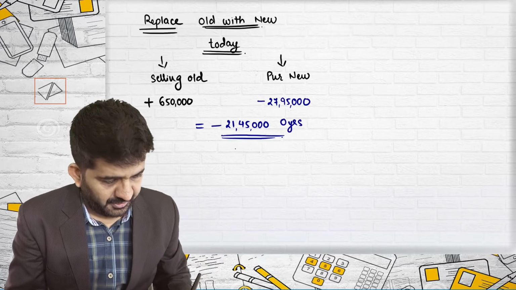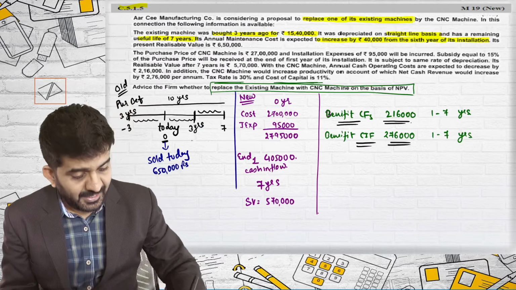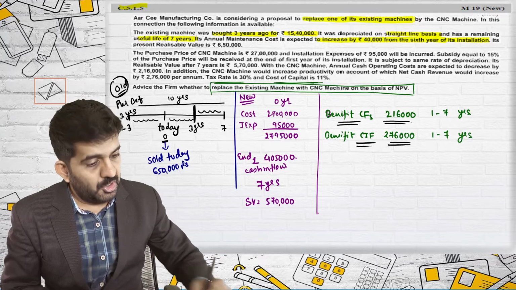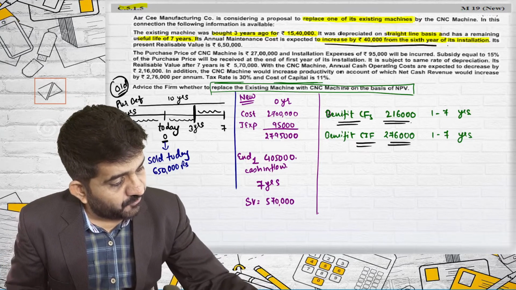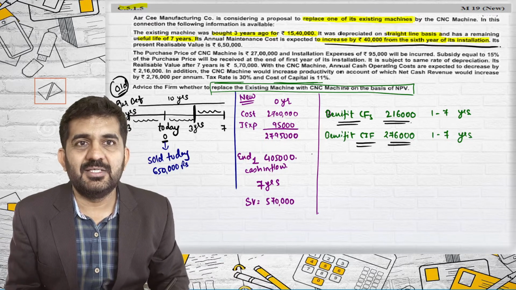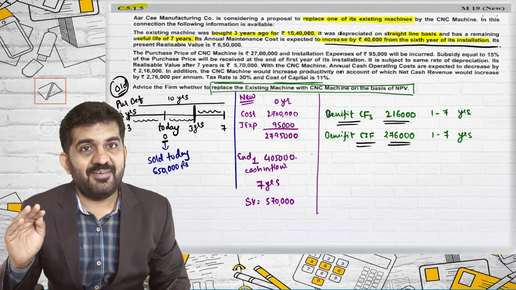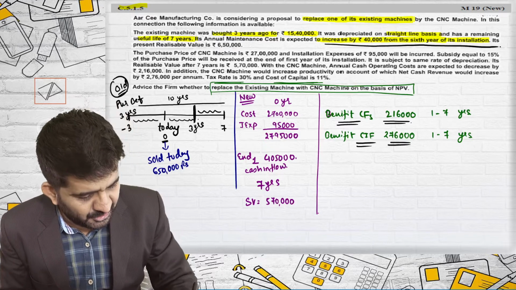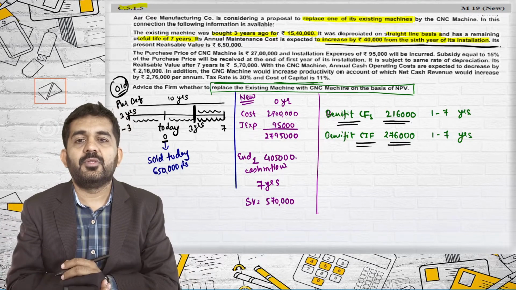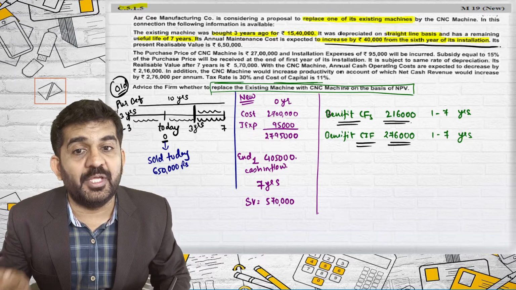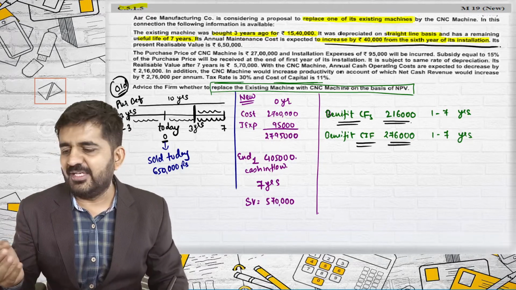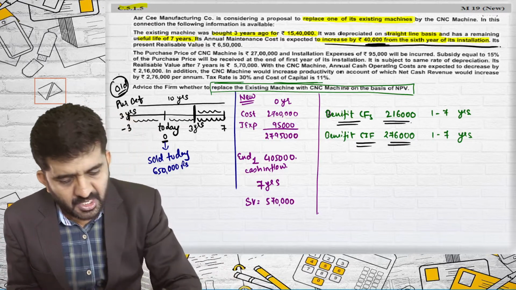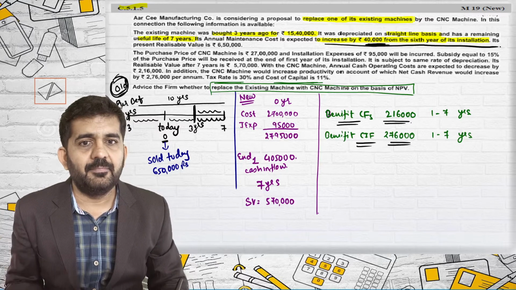Third, but interesting. After 3 years in the old machine, you were going to incur 40,000 rupees for the 6th, 7th, 8th, 9th and 10th years. So the last 5 years, you were going to incur 40,000 rupees had you continued with the old machine.